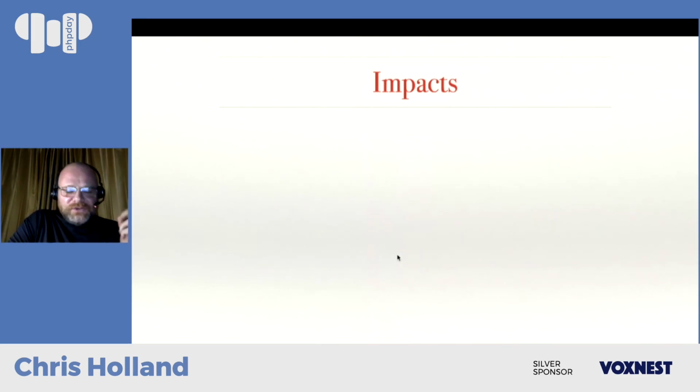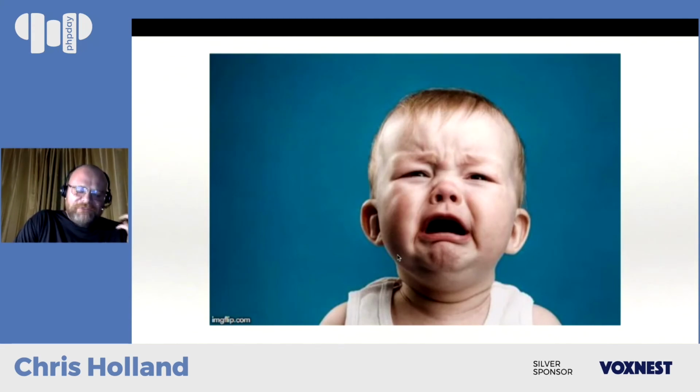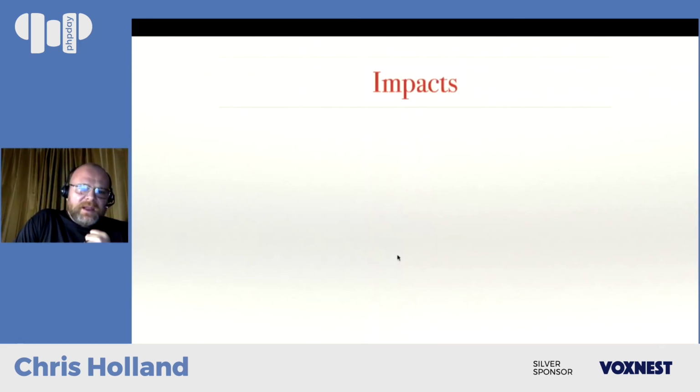Okay, so now multiply this challenge with dozens of repositories with hundreds of services and hundreds of controllers in your code base. It gets really painful. And what happens is proper error handling becomes painful.